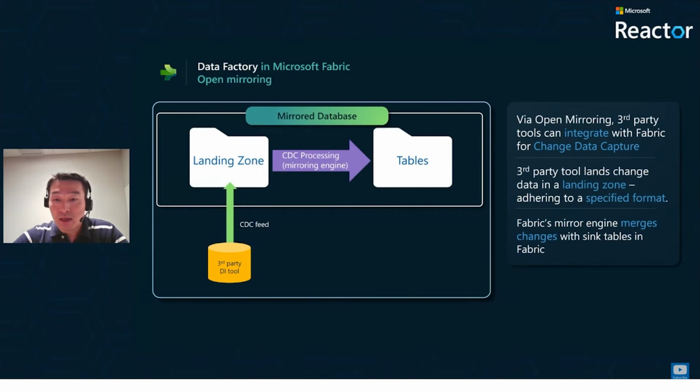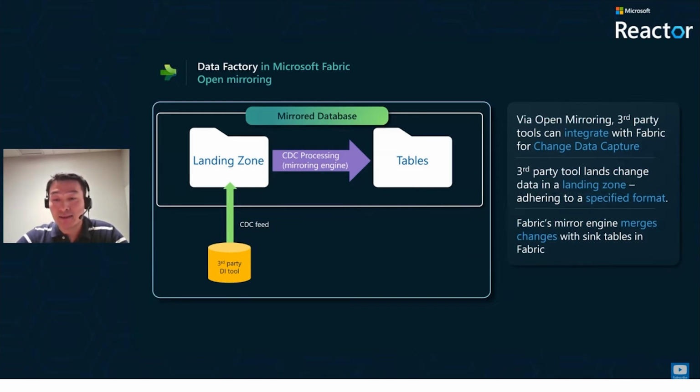And then when the third-party tool and the source table you want to replicate are configured, the tool begins to ingest data. Our mirroring engine then detects and processes the changes and merges them into Fabric OneLake.